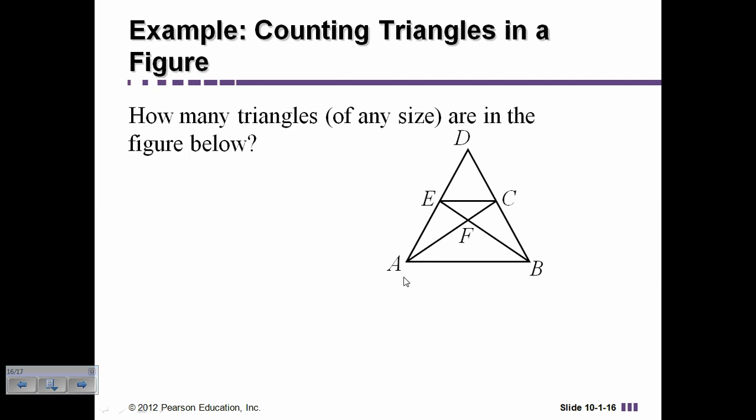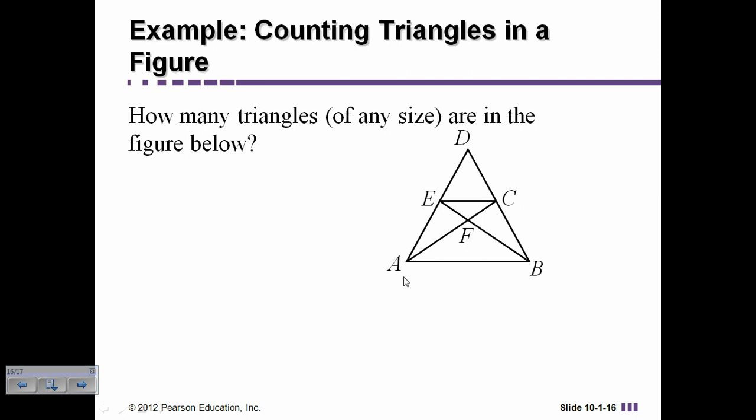So we do ABC, ABD, ABE, ABF, okay? And then we have to go through and eliminate which ones of those are not triangles. If there are any that are not triangles, then we throw those out. For example, the combination AED is not a triangle.